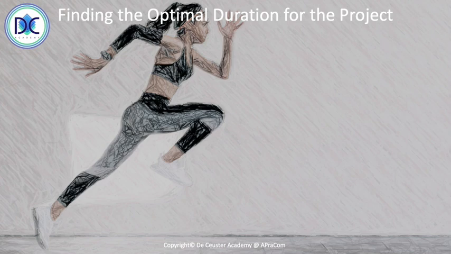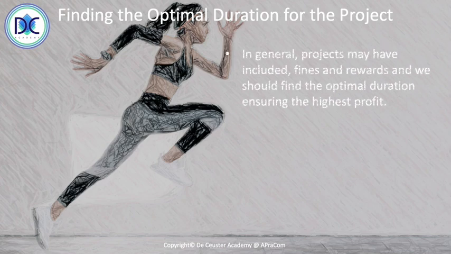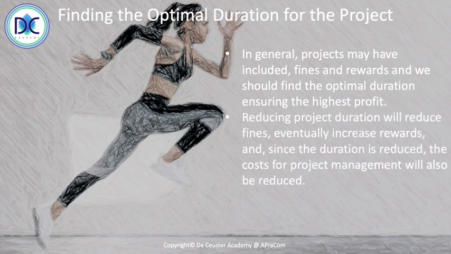Another thing we can do is find the optimal duration of the project. When we look at a project in general, we may find fines and rewards, and what we try to find here is an optimal duration, ensuring the highest profit.